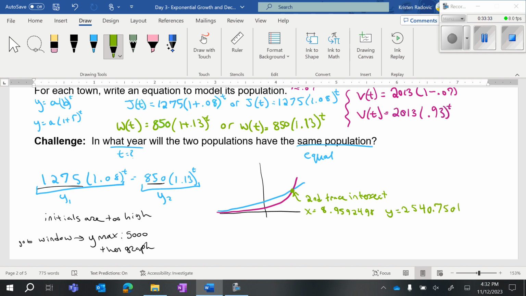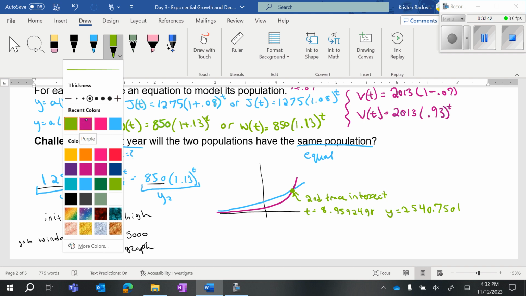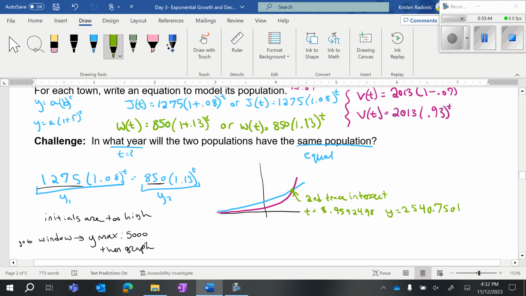Now, this problem was done in terms of t, so maybe you might want to make this a t instead of an x. But my point is, how long will it take them? It will take them about 8.96 years.